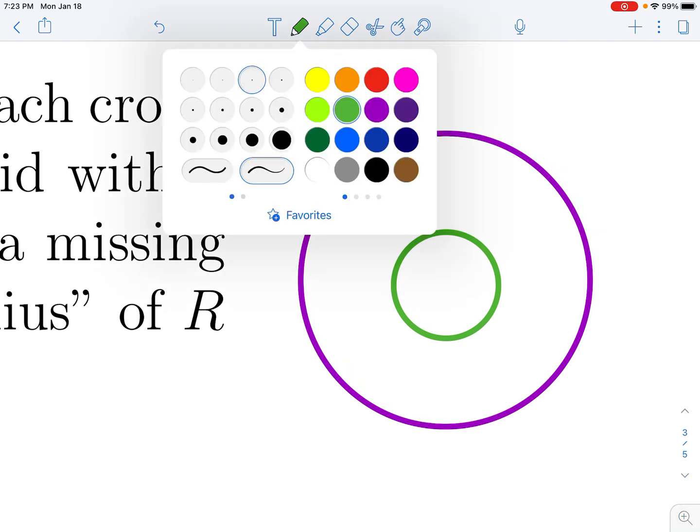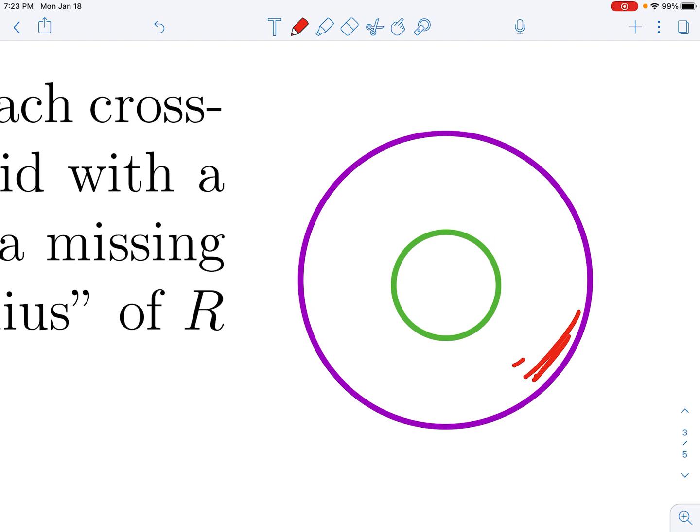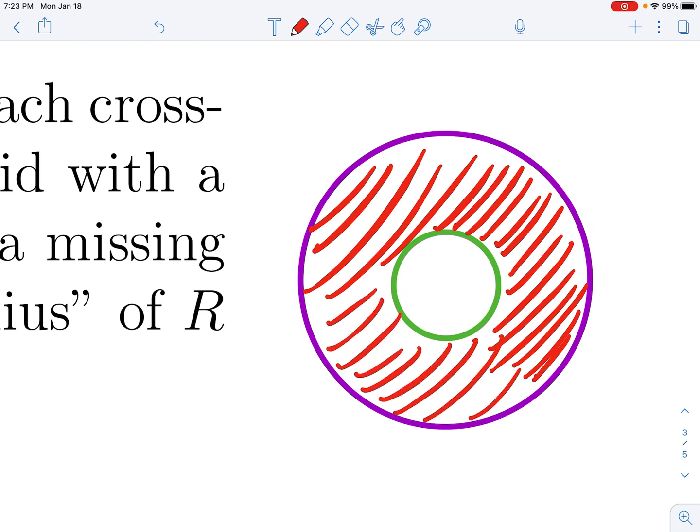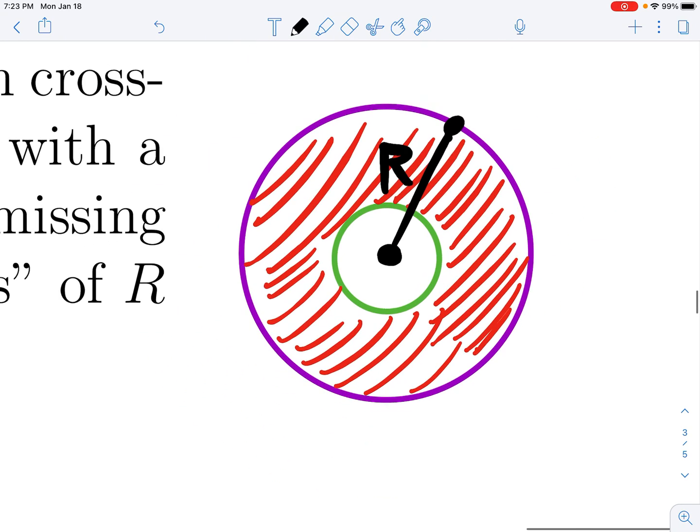So a washer would be this region. It's basically a disk with a disk removed. And when we have a washer, we usually want to think, okay, there's this big radius from the center to the outside.